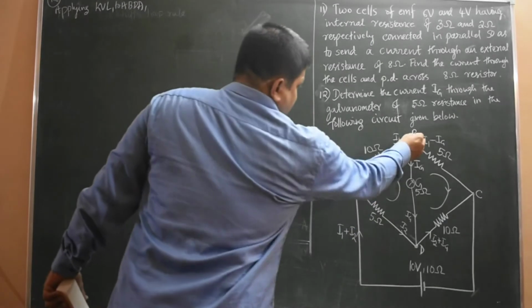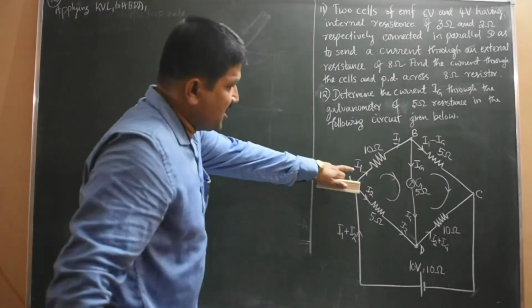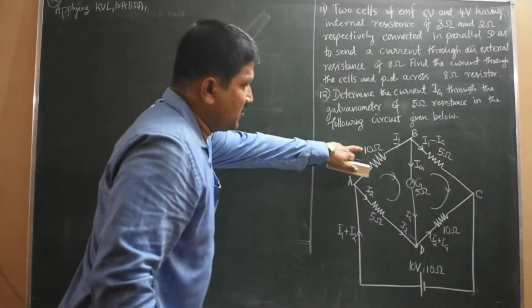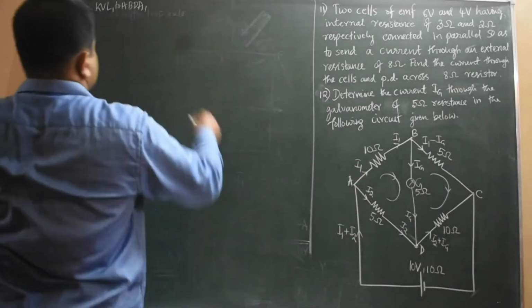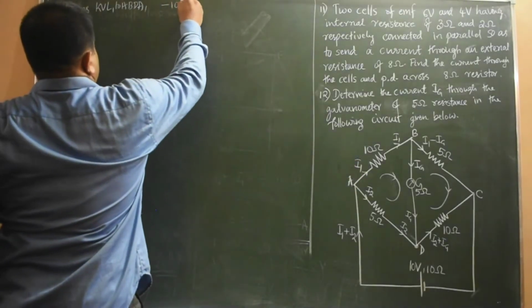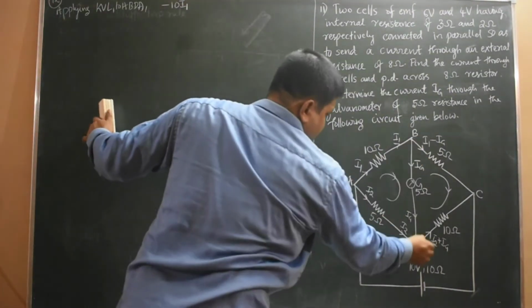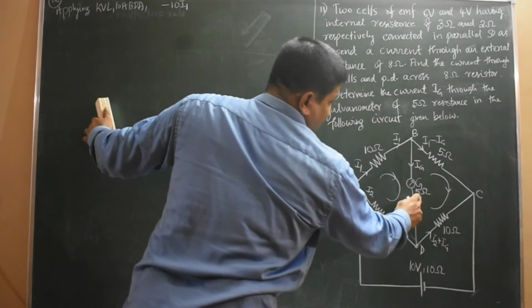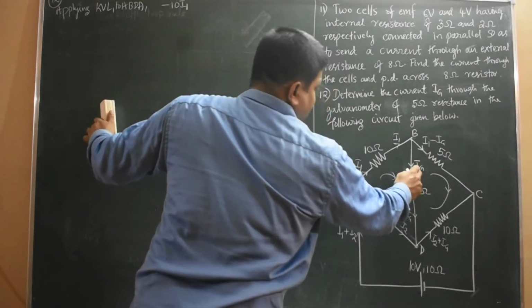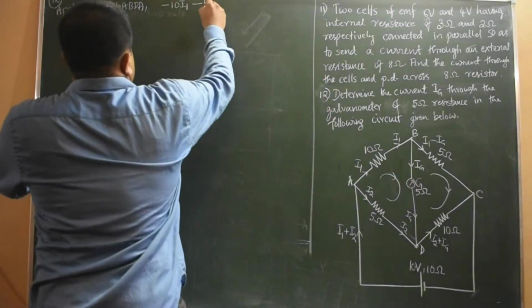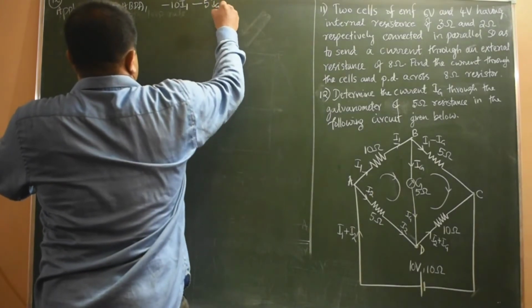A to B, we are traversing in the direction of current I1, so I1 into 10, negative it is. So minus 10 I1. Then next branch BD: 5 ohm resistance, galvanometer, and current Ig, so again minus 5 Ig.